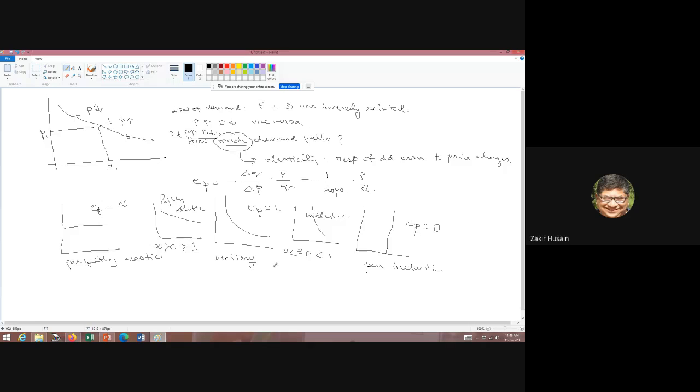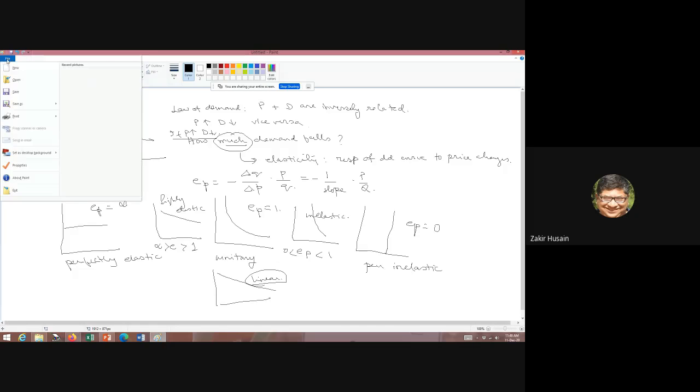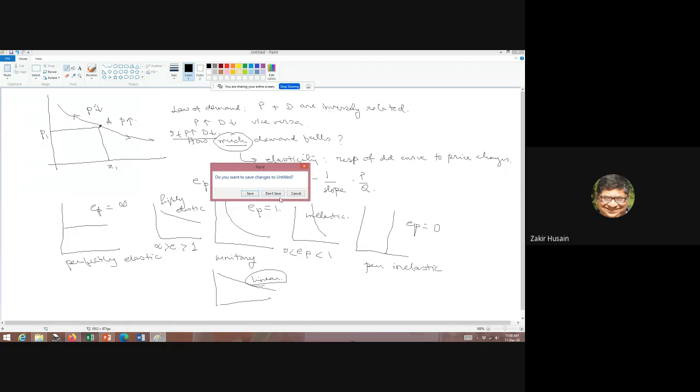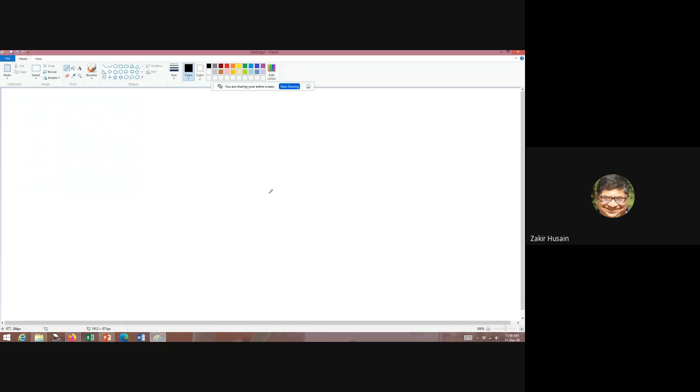Now, a priori, we may think that the unitary elasticity should correspond to a linear demand curve. Okay. But the linear demand curve poses a very interesting problem with respect to elasticity.